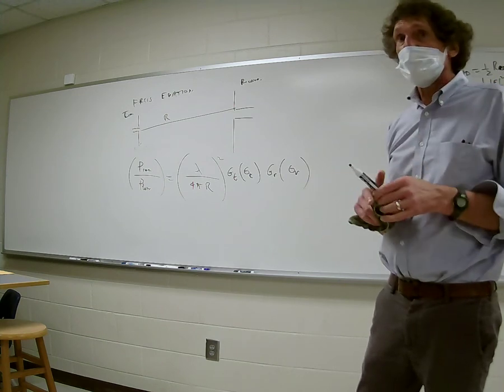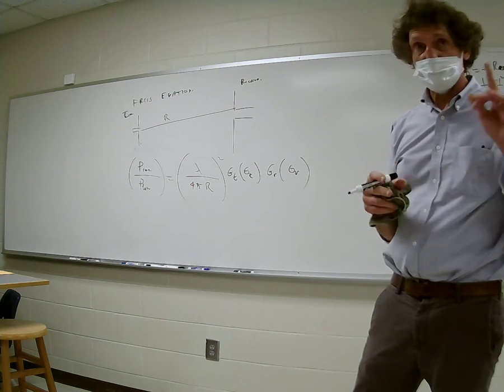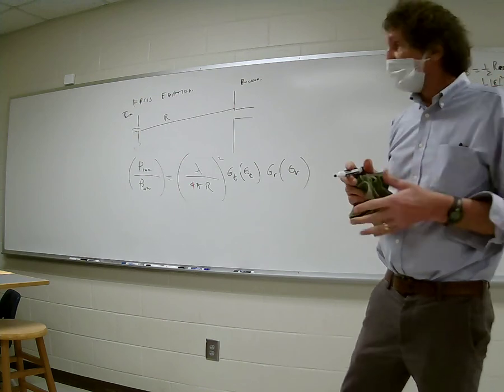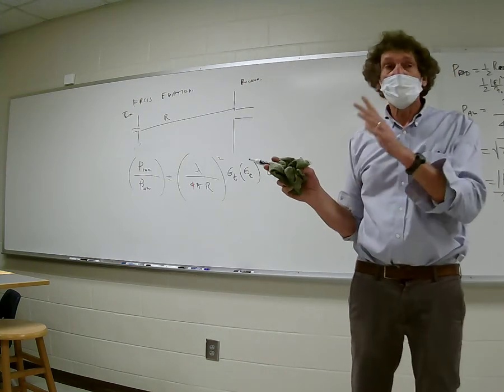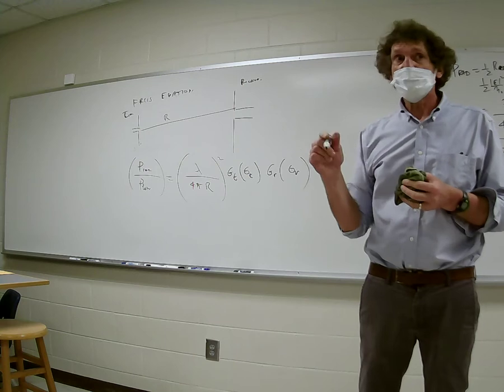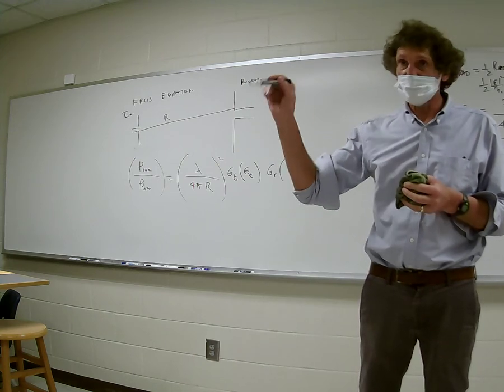And the thing that's really different between the small loop and the short dipole is the radiation resistance. Got that? I put up the radiation resistance for a short dipole and for a loop. It's 320 pi to the 4th, times S over lambda squared.